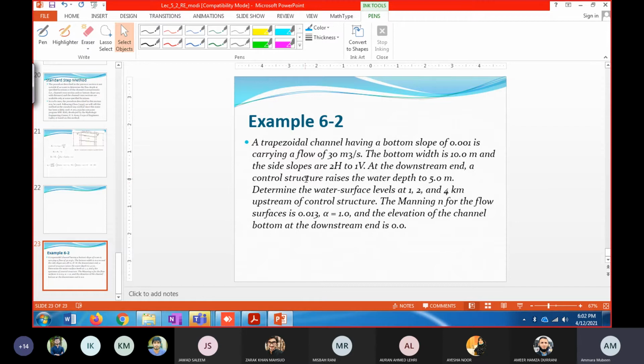The bottom width and the side slopes are given. At the downstream, a control structure raises the water depth to 5 meters. Determine water surface levels at 1, 2, and 4 km upstream of the control structure. The Manning's n for the flow surfaces is given, and the elevation of the channel bottom at the downstream end is 0. So, give me a minute to understand.